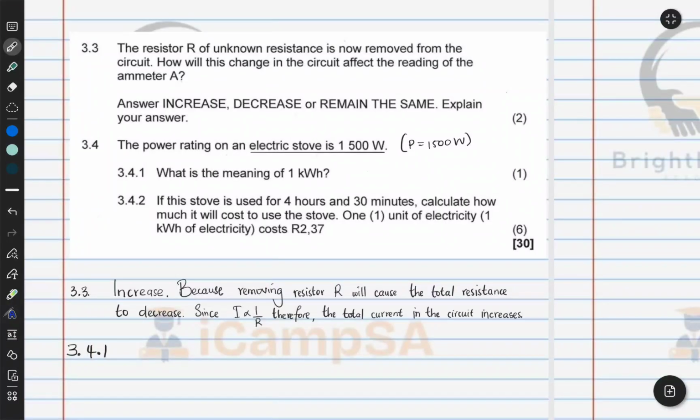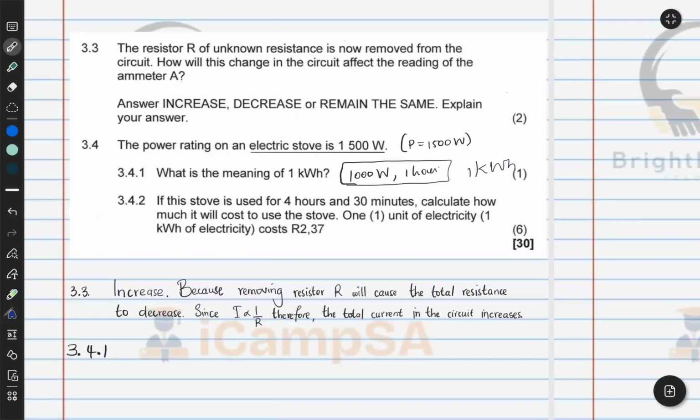In the case of 1 kilowatt hour, it means you have an electrical appliance that is rated at 1000 watts, and it is used for 1 hour. If you multiply this to find how much energy it consumes, you would get 1 kilowatt hour.